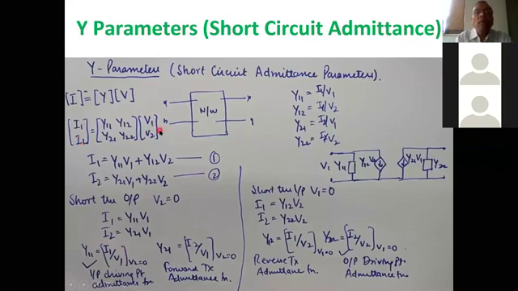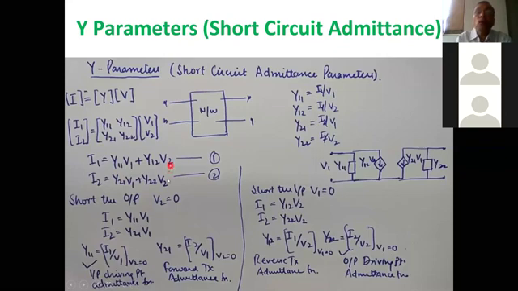From this matrix form, you can write these equations also: I1 is equal to Y11 V1 plus Y12 V2. This is equation 1, and the equation of I2 is Y21 V1 plus Y22 V2. This is the second equation. Now, if you substitute V2 as 0, then in both these equations you will get the values of Y11 and Y21.